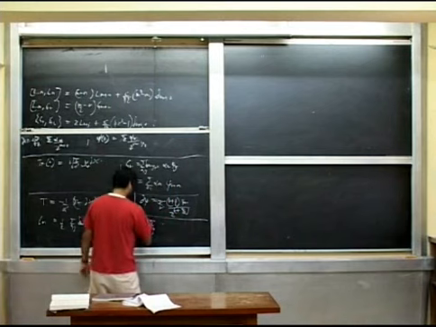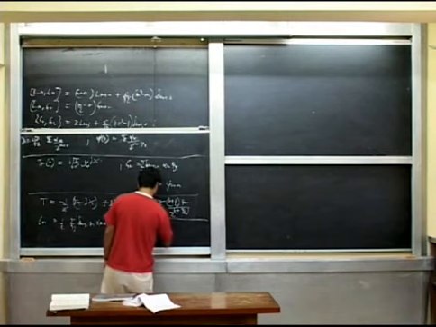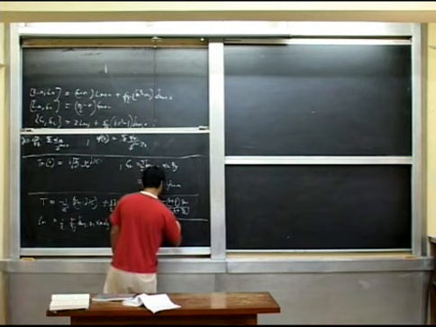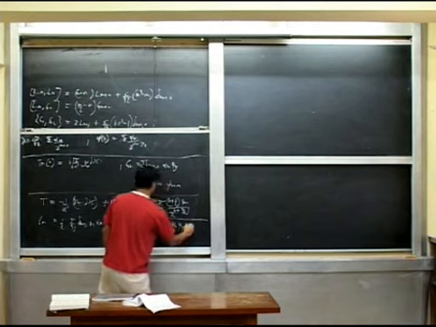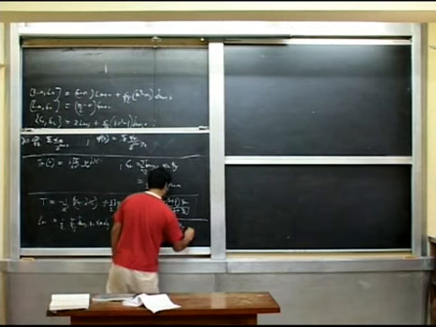We get a minus sign from here. And we get x plus half psi x psi y over, and then delta y.